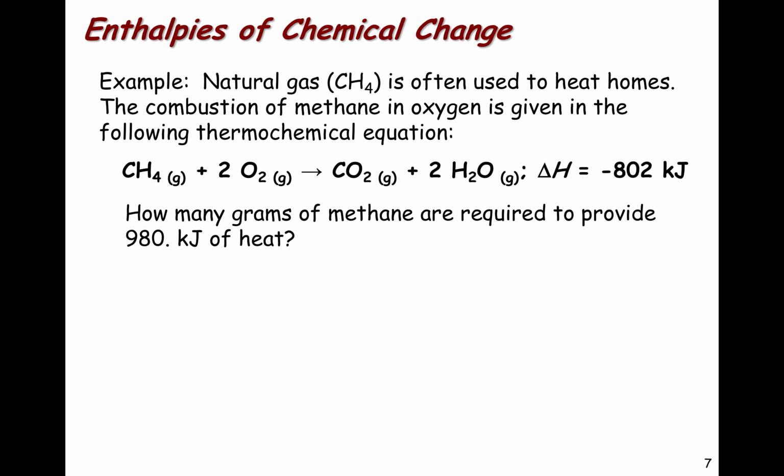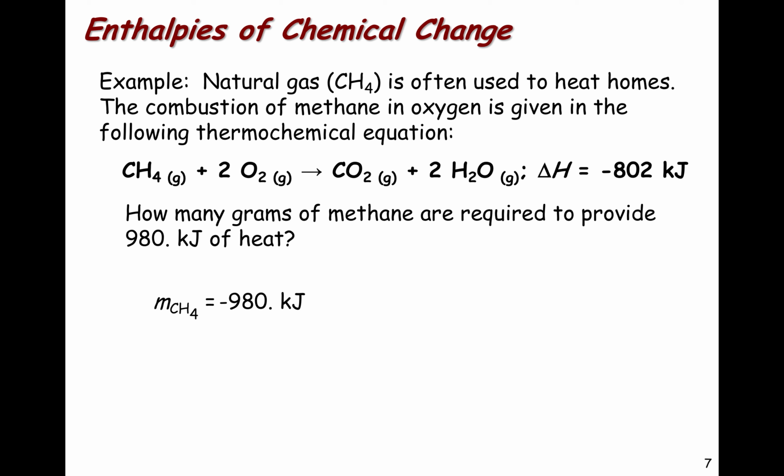In this particular case, then, notice that it's negative, so this is heat that is being produced or is a product of the reaction. The question asks how many grams of methane are required to provide the 980 kilojoules of heat, and so in this case we would start with that as the given. So we're trying to figure out the mass of the methane, and so we start with the 980 kilojoules.